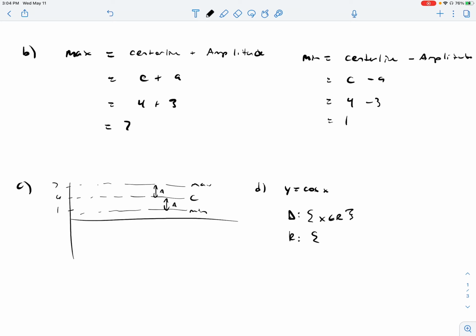And the range, well, remember cosine goes from -1 to 1. It's always within there. So we'll say y is an element of R, y is greater than or equal to -1 and less than or equal to 1.